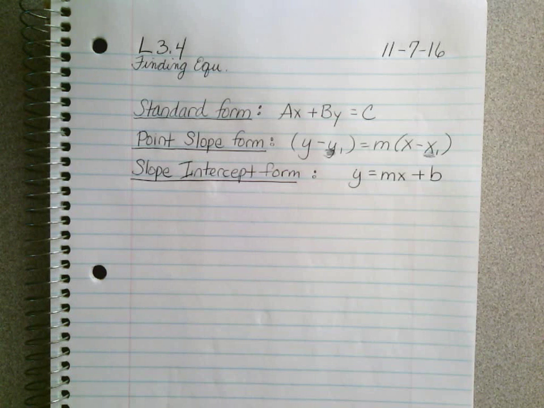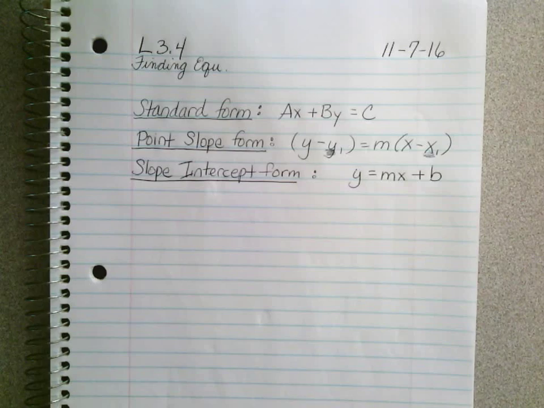So depending upon what you are given, you have three different options, or really two different options to work with that you can backtrack to and convert into what is called standard form.